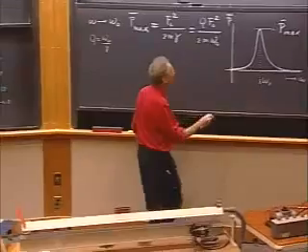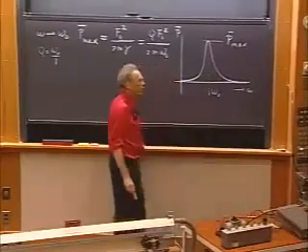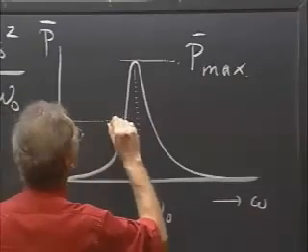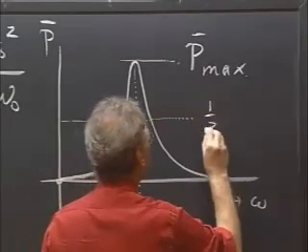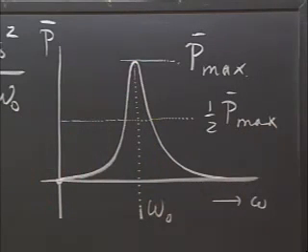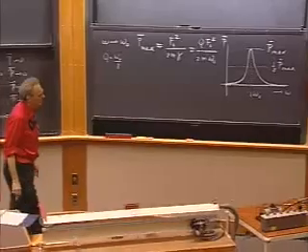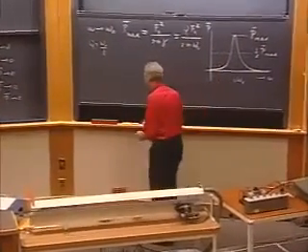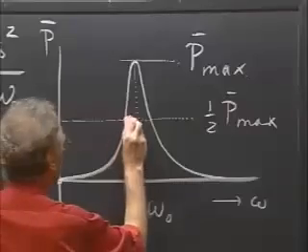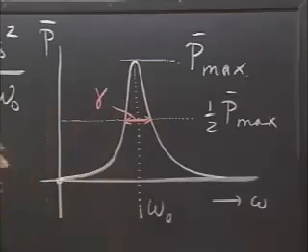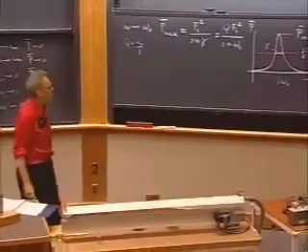If we look at the width of this curve at half maximum of the power, so this is 1/2 times P maximum, then you can show, and it is not so difficult algebraically, but I will not attempt it, you can show that the width at half maximum is very close to gamma. Remember, gamma and omega have the same units, 1 divided by second.